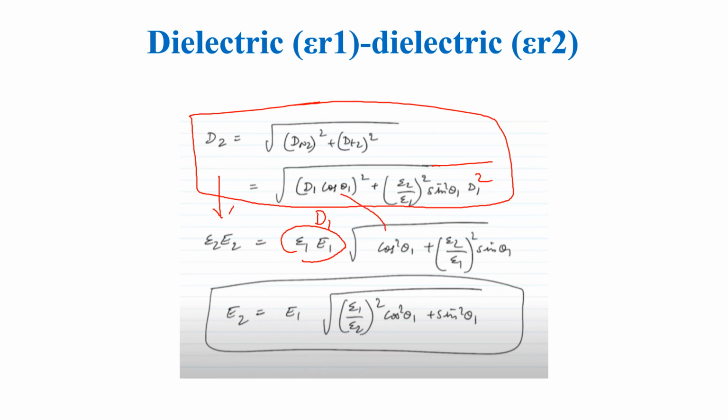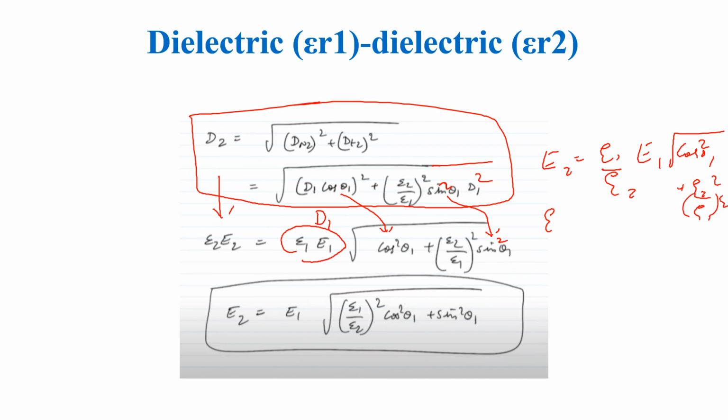What is remaining is cos square theta 1 plus epsilon 2 by epsilon 1 whole square sin square theta 1. So that gives E2 equal to epsilon 1 by epsilon 2 times E1 and the square root term, that is cos square theta 1 plus epsilon 2 by epsilon 1 square sin square theta 1.